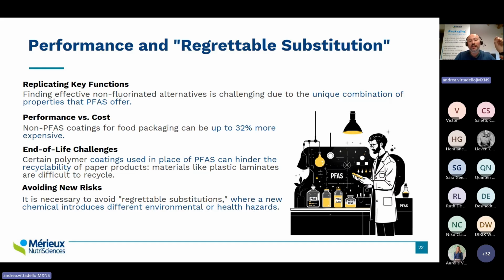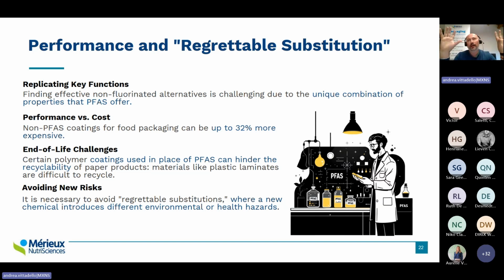The investigation of the OECD found that it may be 32% more expensive. You can understand that a paper or packaging company is a little bit afraid about this increase of the cost. And if you change the PFAS with other coatings, with other chemicals, the end of life could be dangerous. Not because what we have now on the market is dangerous, but because we don't know what happens. We know less than in the past.